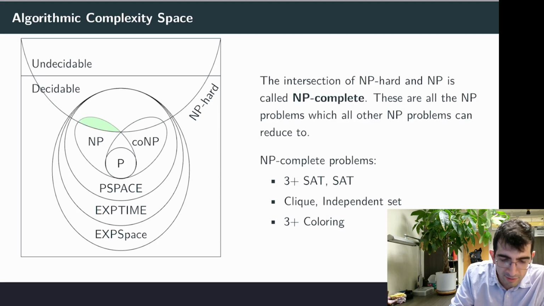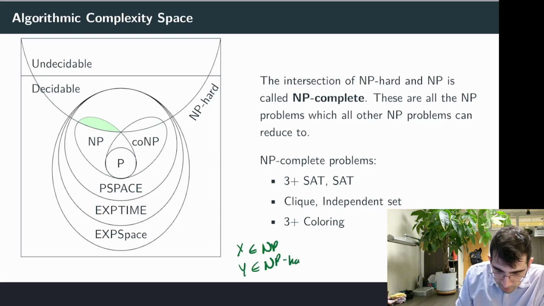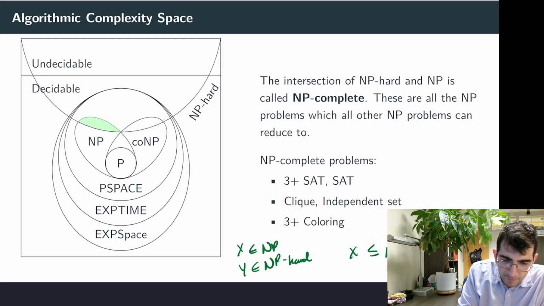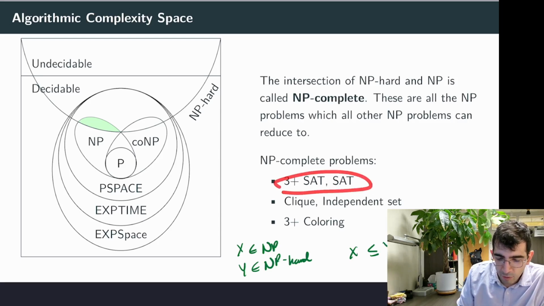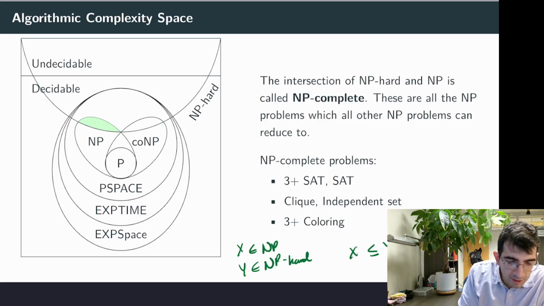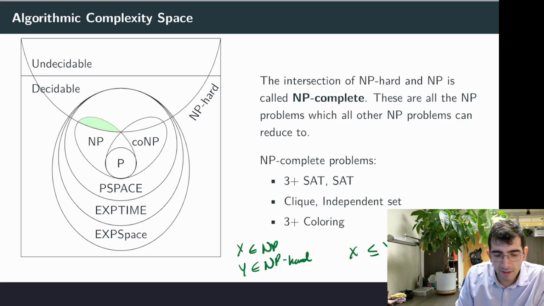For any problem x in NP and y in NP hard, we say that x is reducible to y. And the reason why 3-SAT or SAT is important is because it is one of the OG NP complete problems. It's been proven to be an NP complete problem, and we're going to go through that next.